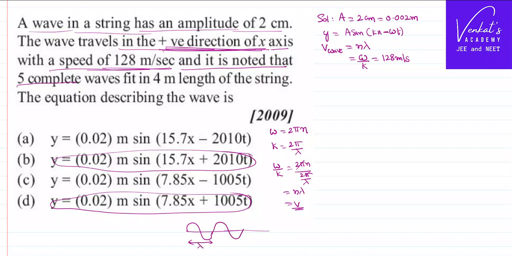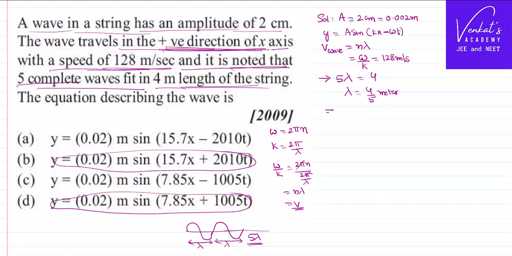And there are 5 wavelengths like that. That means when he says 5 complete waves, there are 5 wavelengths, 5 times lambda, in 4 meters of the length of the string. So 5 wavelengths in 4 meters in SI system. So lambda is equal to 4 by 5 meter.